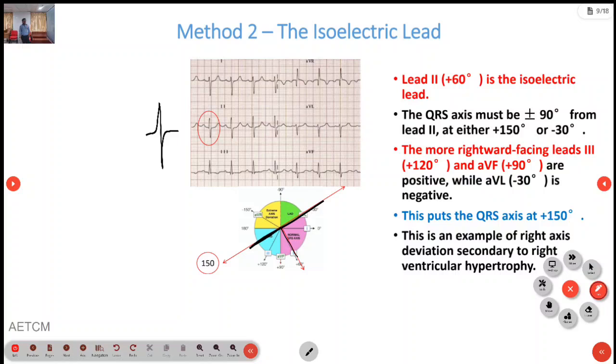The more rightward facing leads are positive. Lead 3, where is lead 3? Lead 3 is positive, plus 120, and AVF is plus 90, while AVL is negative. So the axis is somewhere here. This puts the QRS axis at 150.